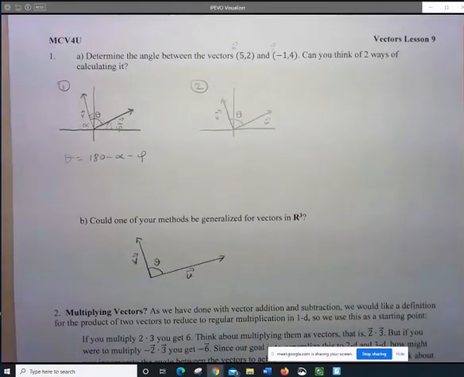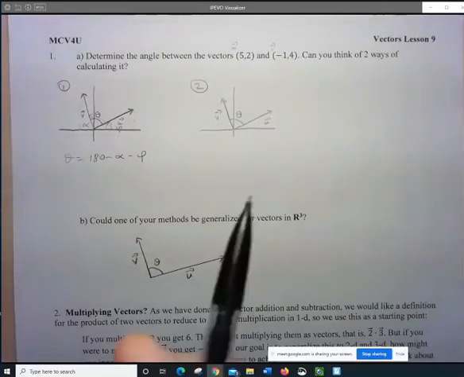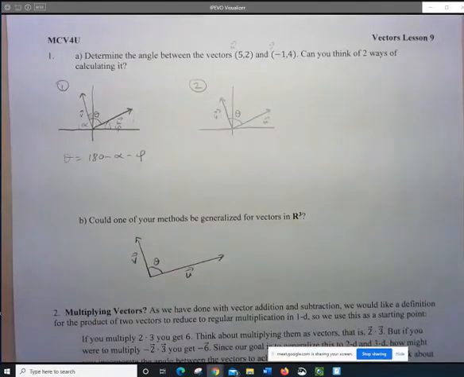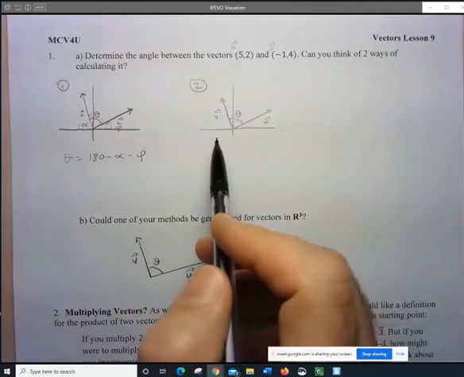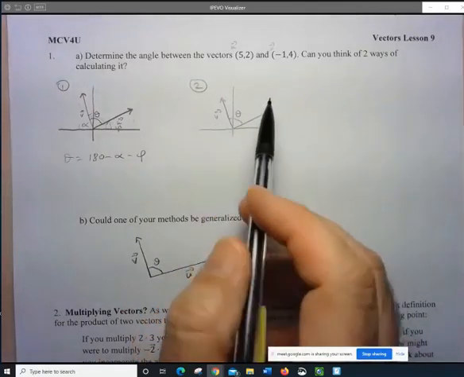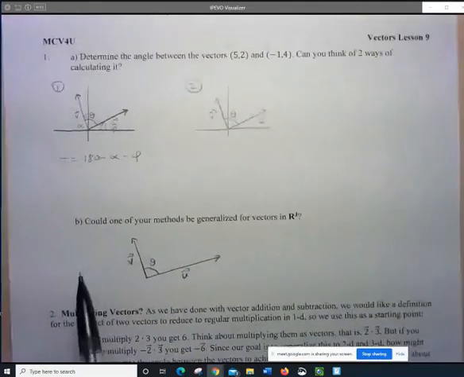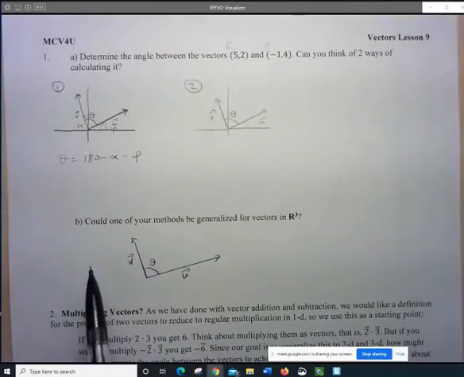Yeah, there you go. You can create a vector that joins these 2 tips, which will form a triangle. As long as you can determine the side lengths of the triangle, you can use the cosine law. And I see that somebody had that idea.